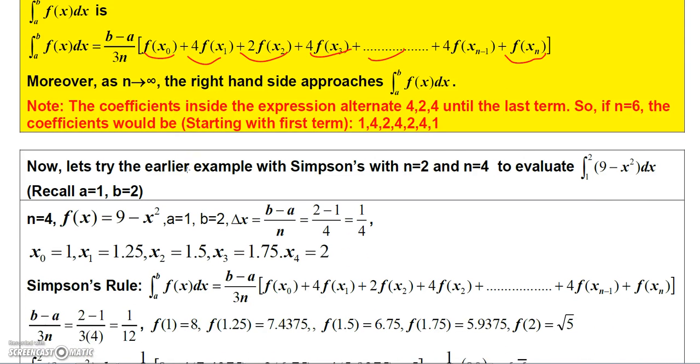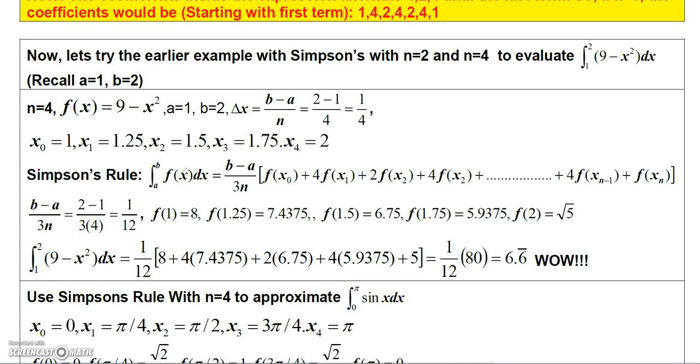Okay, let's look at an example. Let's do the example we did earlier. Actually, I'm not going to do n equal 2, I'm just going to do n equal 4.